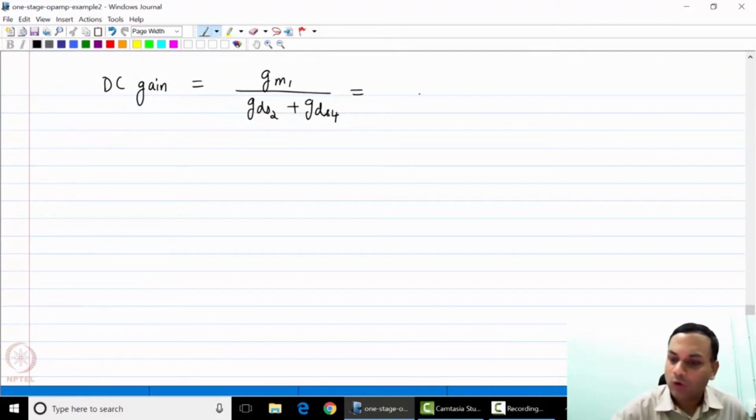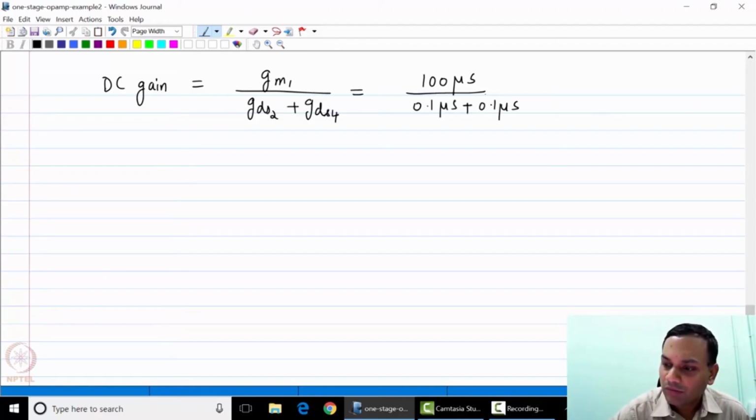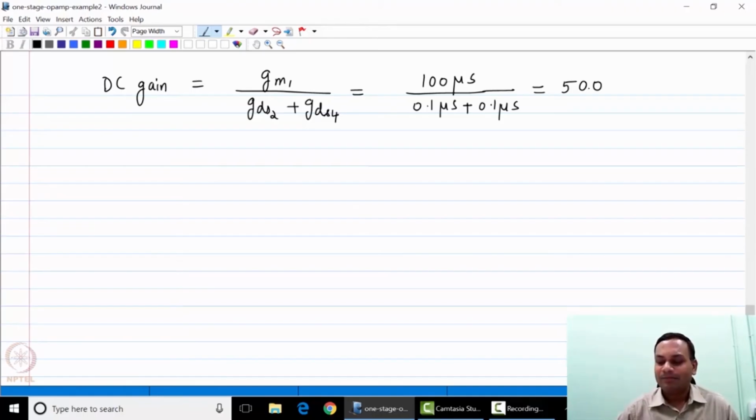So therefore, the DC gain is 100 microsiemen over 0.1 microsiemen plus 0.1 microsiemen, which is 500 volts per volt. We wanted a minimum gain of 100, but we now have a larger DC gain than required, which is always better. So the DC gain spec is met.